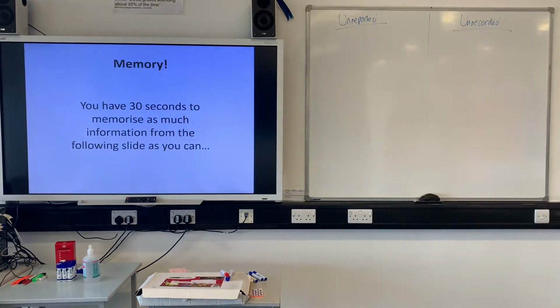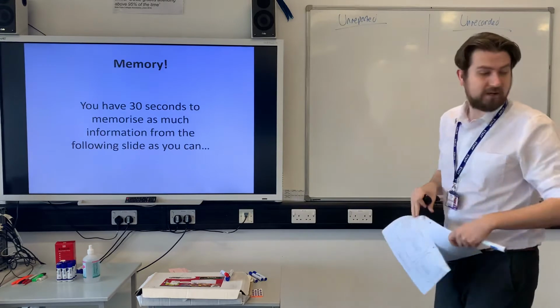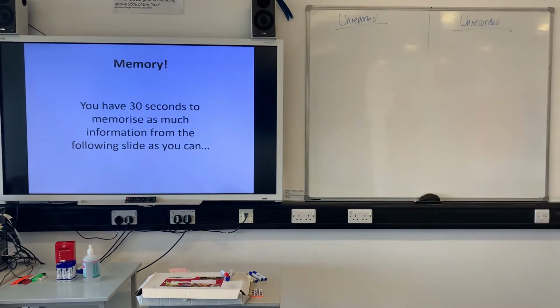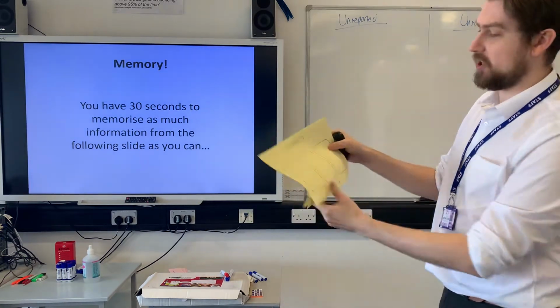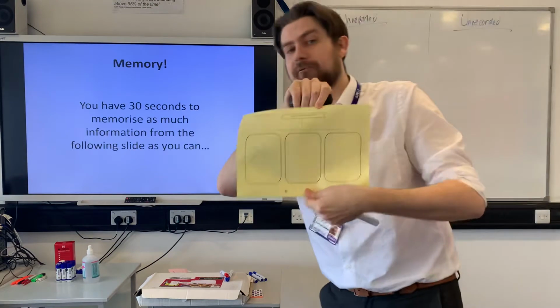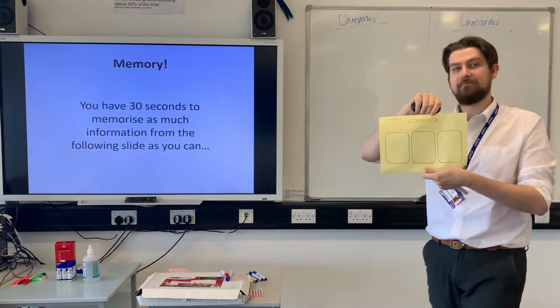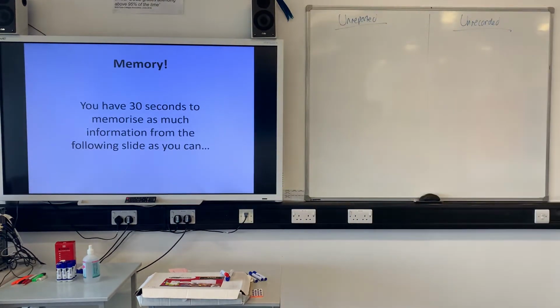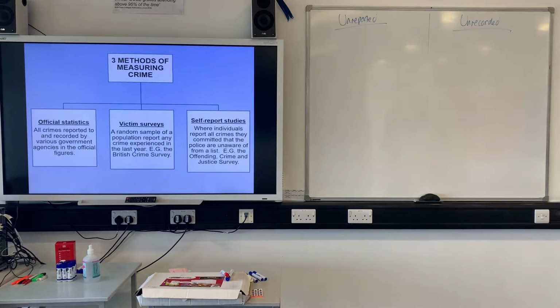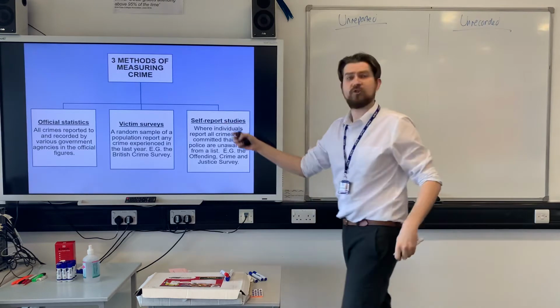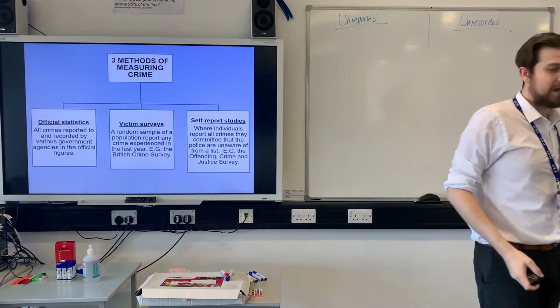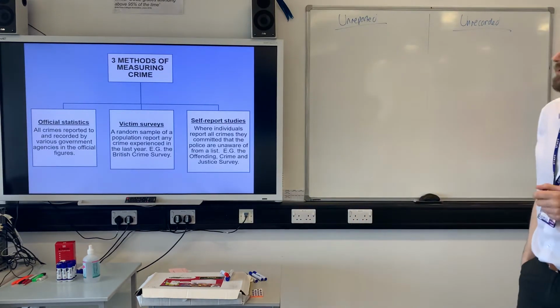Now, if you turn onto page number 2, what you will see in front of you is a breakdown of how we measure crime. And there are 3 ways that we measure crime. Official statistics, victim surveys, and self-report studies are the 3 ways that we get our information on the crime statistics.